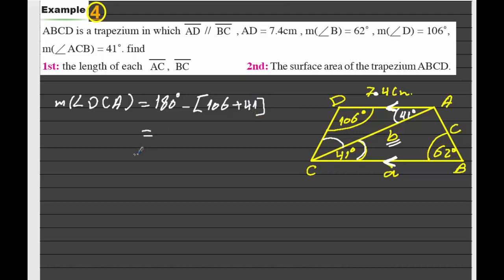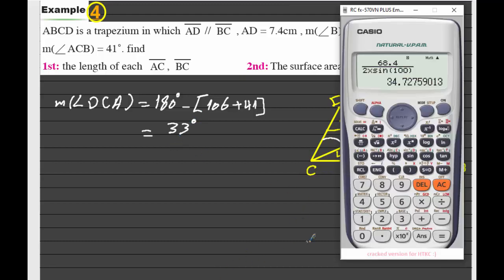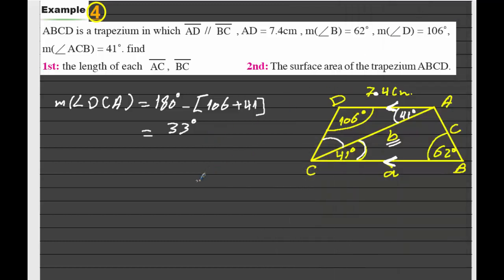After you calculate it, you will get 33 degrees. I'll calculate it again: 180 minus bracket 106 plus 41 equals 33 degrees. So I can write it here, 33 degrees.